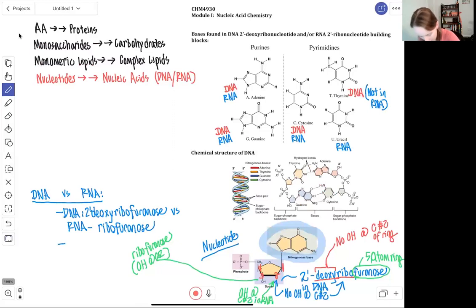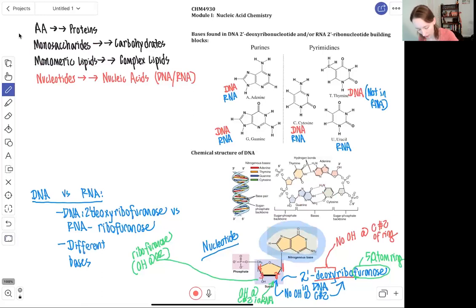And they will have, to some extent, different bases that are found. So there is some overlap between the bases that are found in RNA and DNA, but there's also some differences.